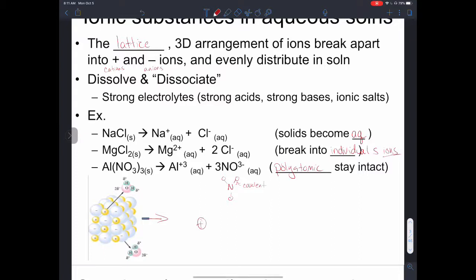I should have the free cations disassociated in solution. I should have the free anions disassociated in solution. And then I should have the water molecules surrounding them.